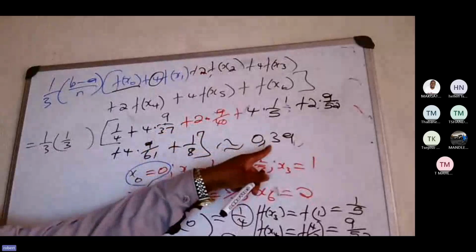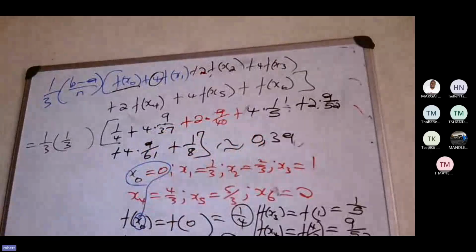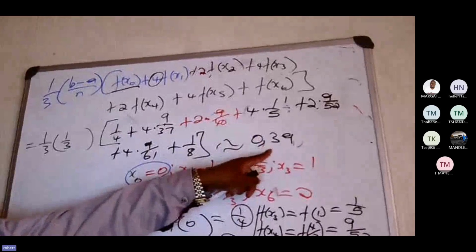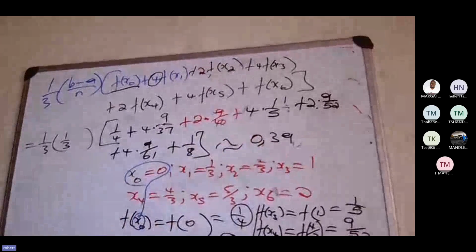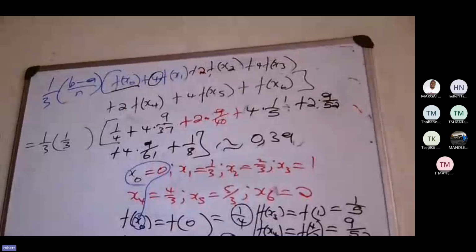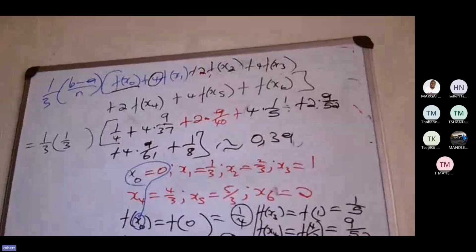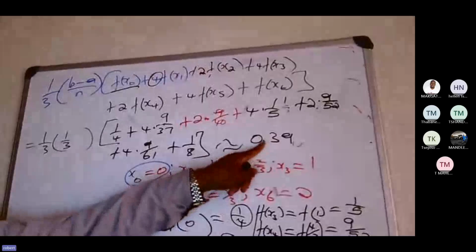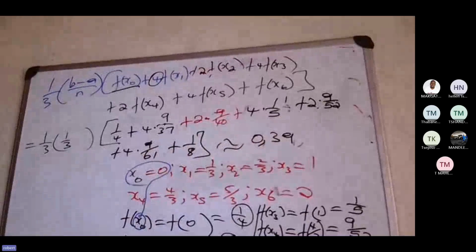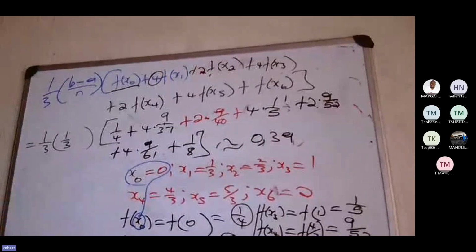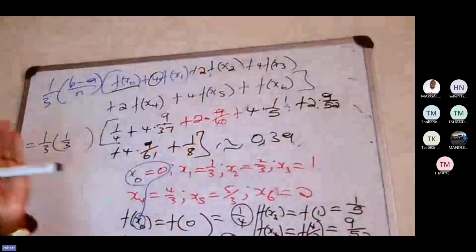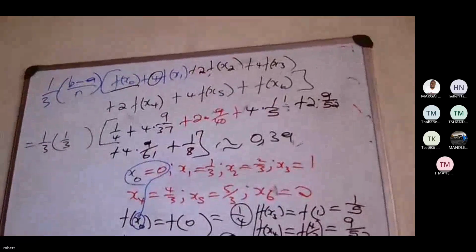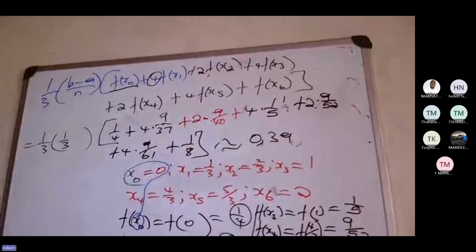It mustn't be far. It mustn't be 2. It mustn't be 6. It must be around 0.39. Although it's an approximation. Otherwise, our method is not working. It must be very close to the correct answer, which we saw using the integral rule. Then from there, you just use your calculator.